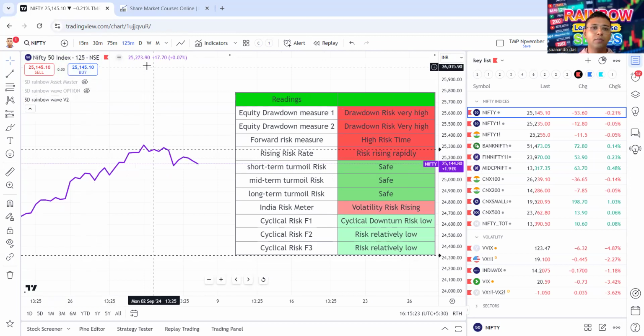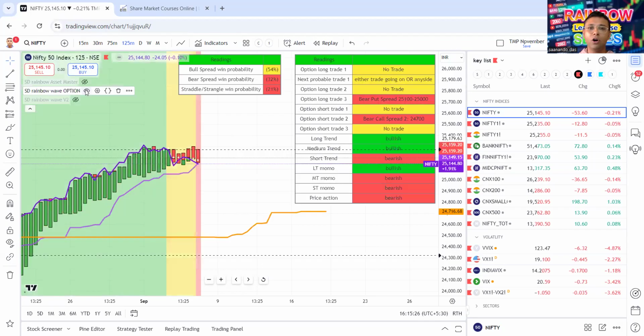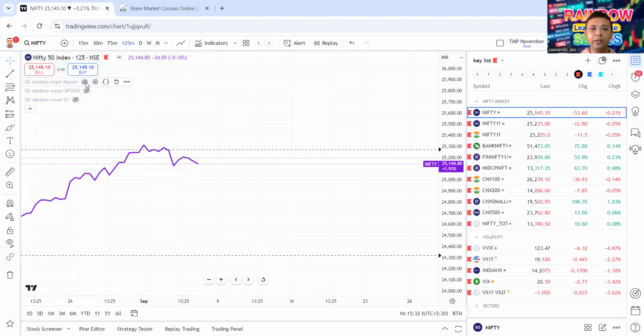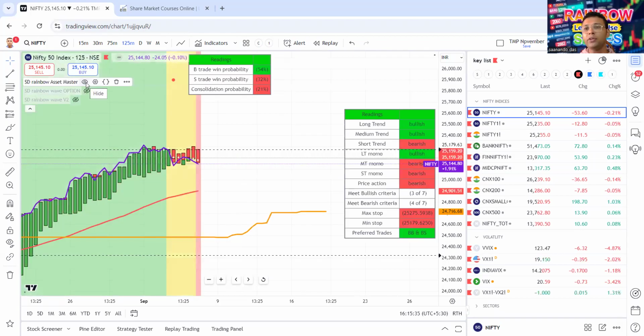So now we need Risk Master. We'll need the option specialized setup, and we will need SD Rainbow Wave V1 as well, which will guide us in our overall understanding of what the indices are doing.